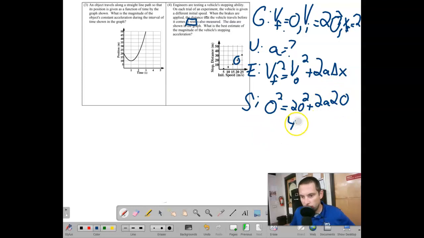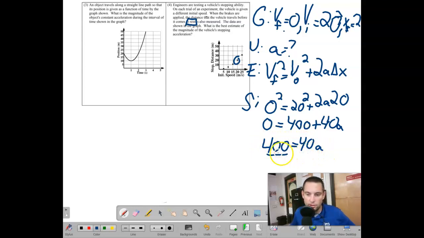I'm going to go down one more line here just to do all this. 400 plus 40a equals 0 squared, which I think is 0, but I don't have my calculator, so I'm just going to go with it. And I'm going to get 400 on one side, 40a on the other side. Are you still watching this?